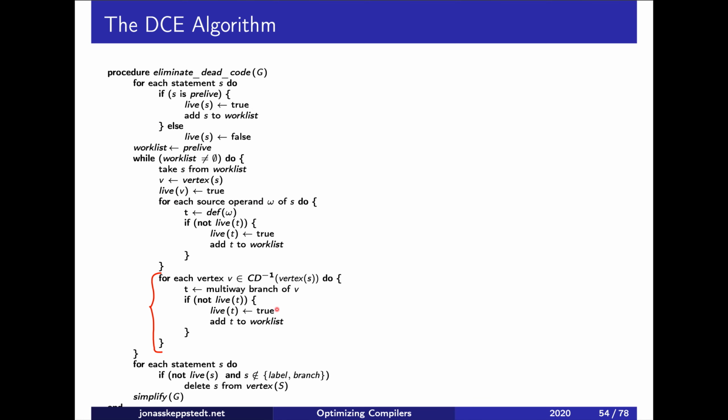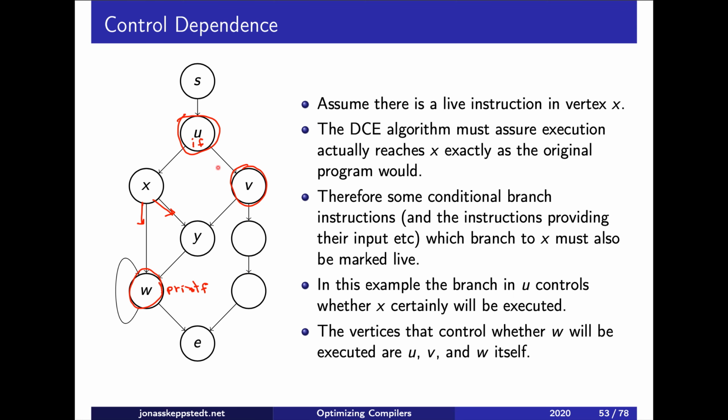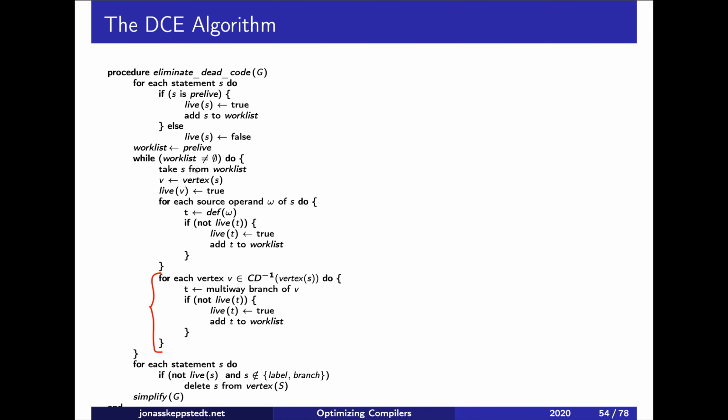So this is what is done here, and what the algorithm does is to compute a certain set of vertices which control whether this one should be executed or not. I will not go into the details of how that is done.